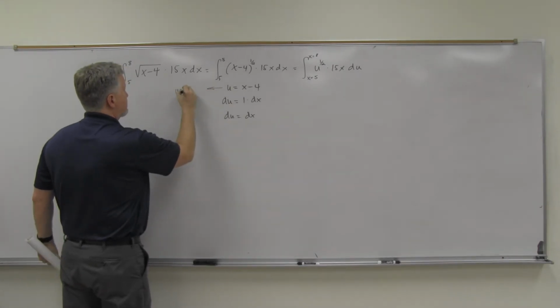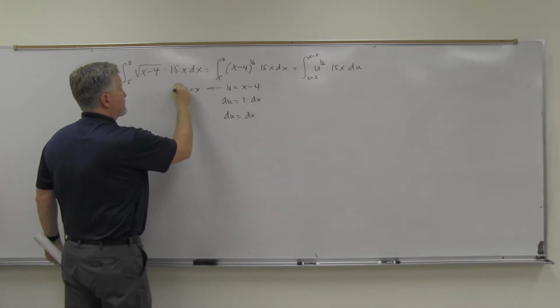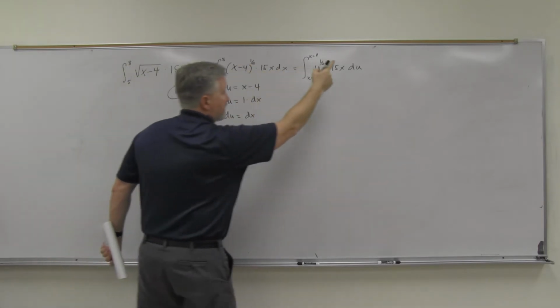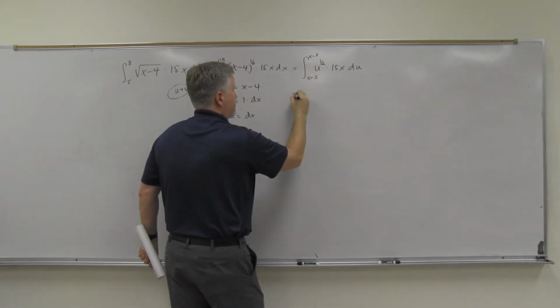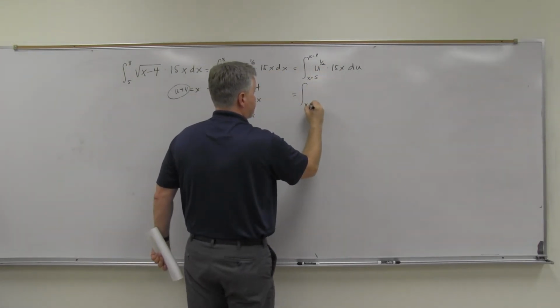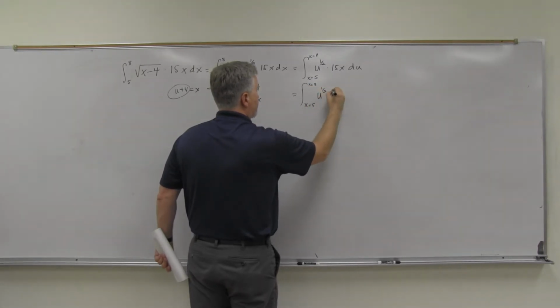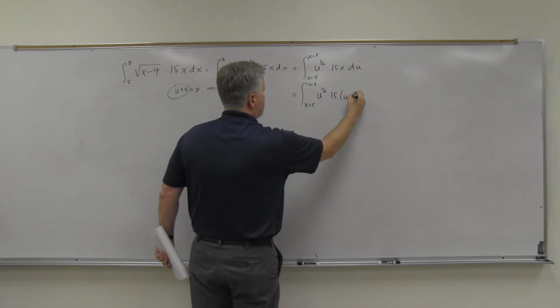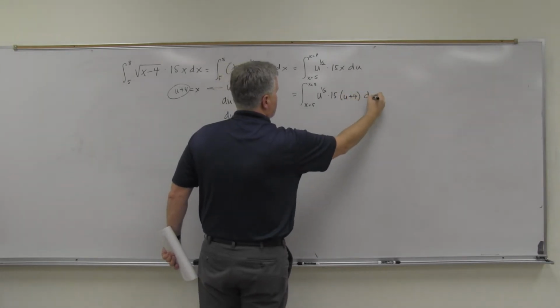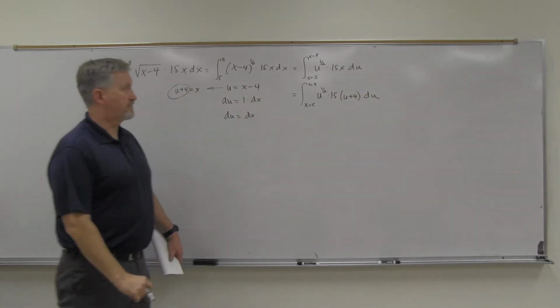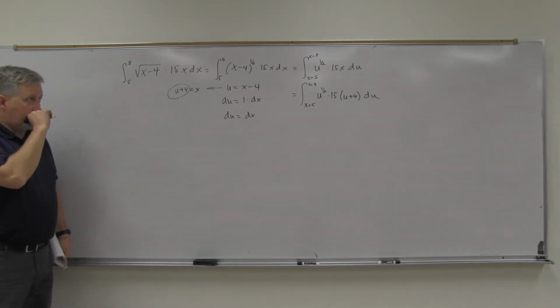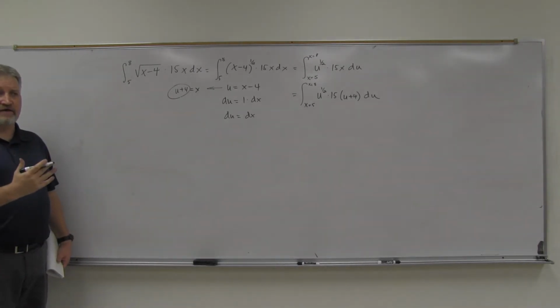U plus 4 is my x. So I can substitute u plus 4 for x in that integral. X is u plus 4. And so now do you see how I can do this?